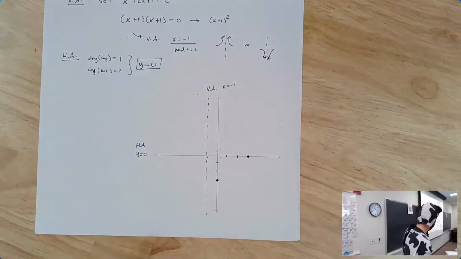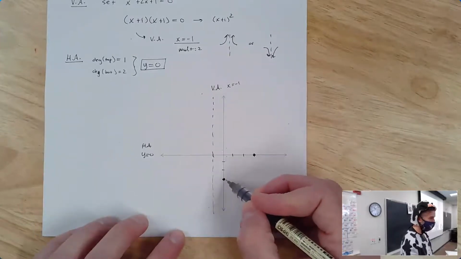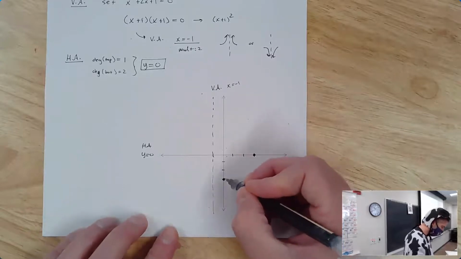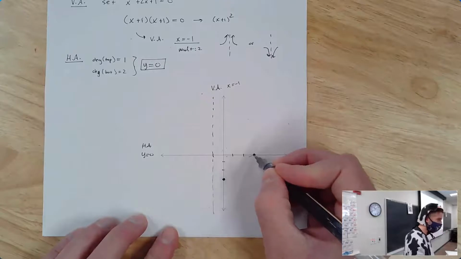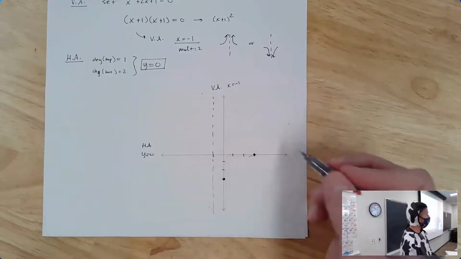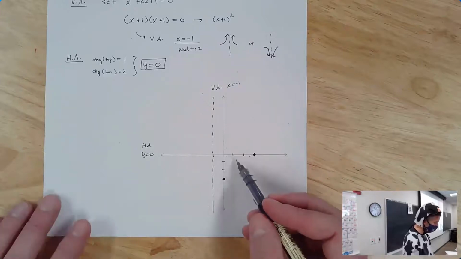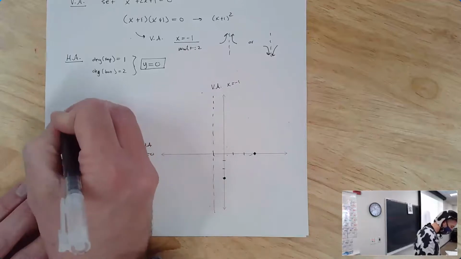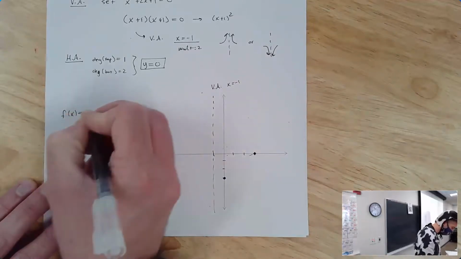My plan of attack is usually to start at the y-intercept, if there is one, and move to the right. If I start here and move to the right, I'm going to have to hit that x-intercept, and then I have to cross it. If you like, we can plug in values. You can totally plug in 1, and it's going to be easier if I think of my function in its factored form.